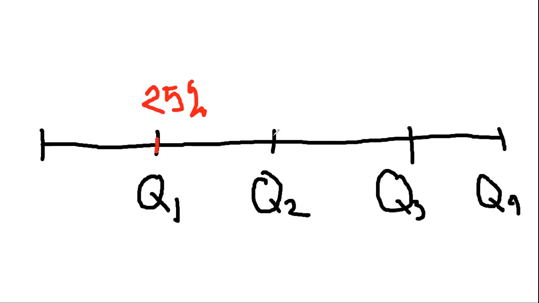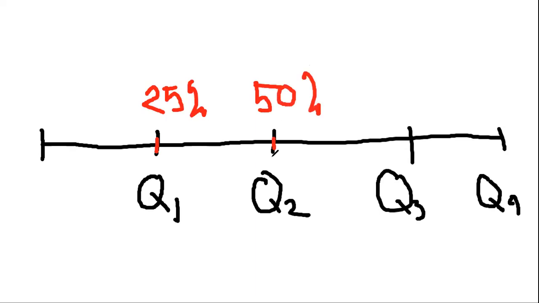And the second quartile, since it is at the middle, separates the half of your distribution. So it is higher than the lower 50% and lower than the upper 50%.